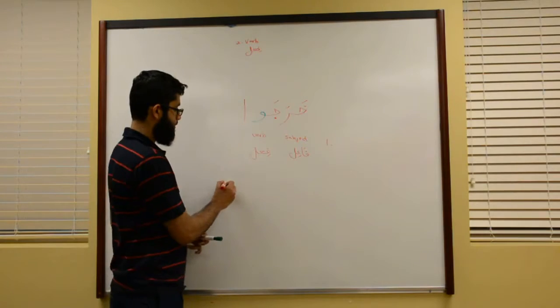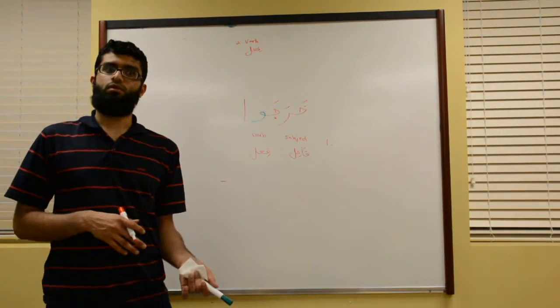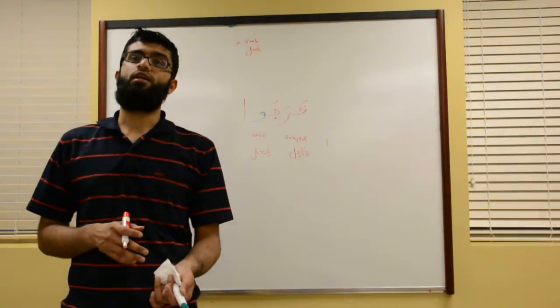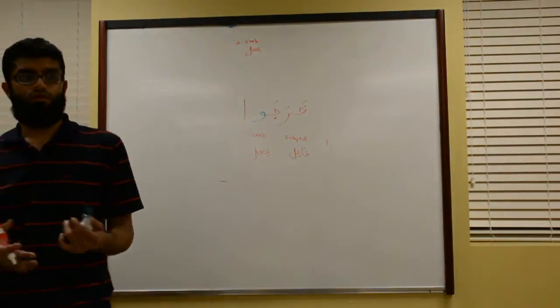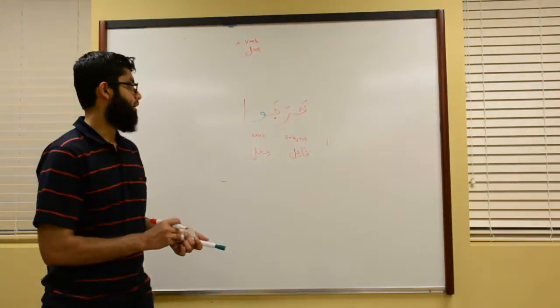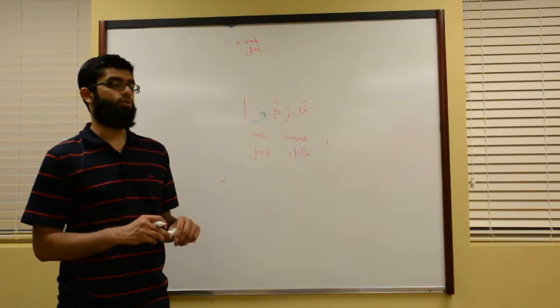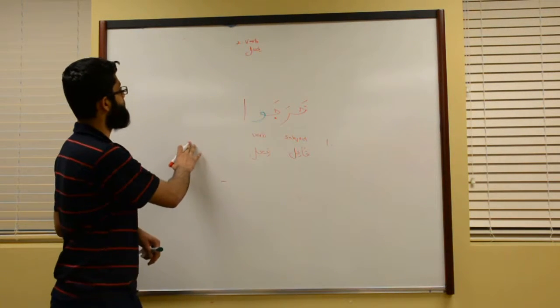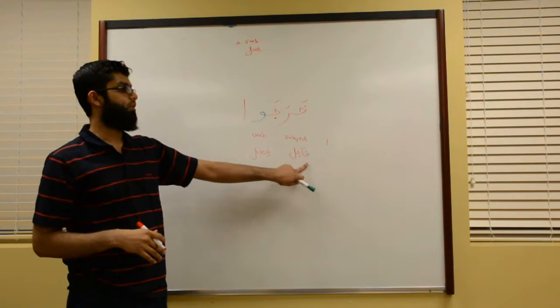If I say the cat is black, what's the subject? The cat. If I say the cat ate the mouse, what's the subject? The cat. In Arabic, in a nominal sentence the subject is called mubtada, but in a verbal sentence it's called a fa'il.